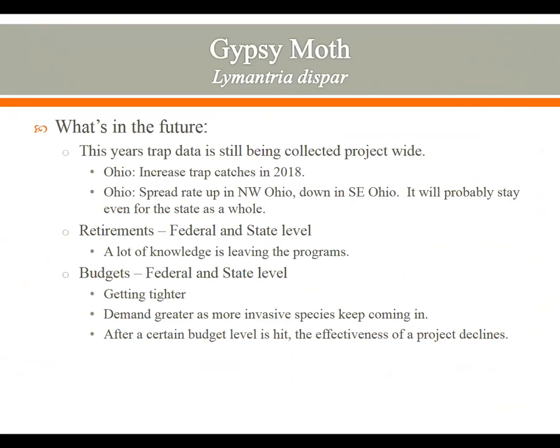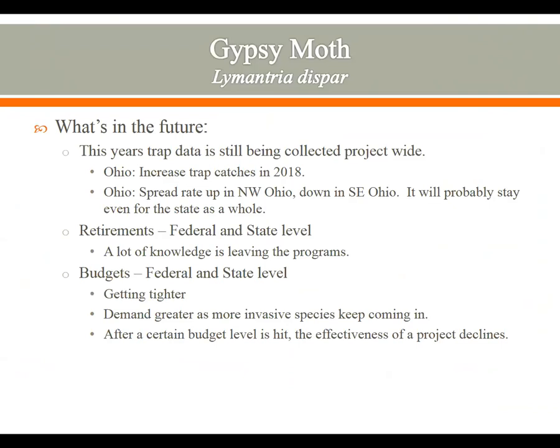But we're also realizing that at a certain budget level, once it's hit, a project can become ineffective. And I think that's where we're at right now with the STS program. We're down to the point where, if all we can do is trap and not do any treatments, then what's the sense in trapping? So we need a little more money to keep us effective.